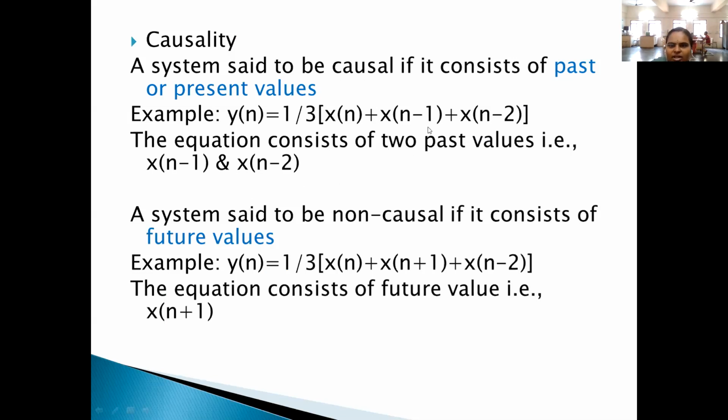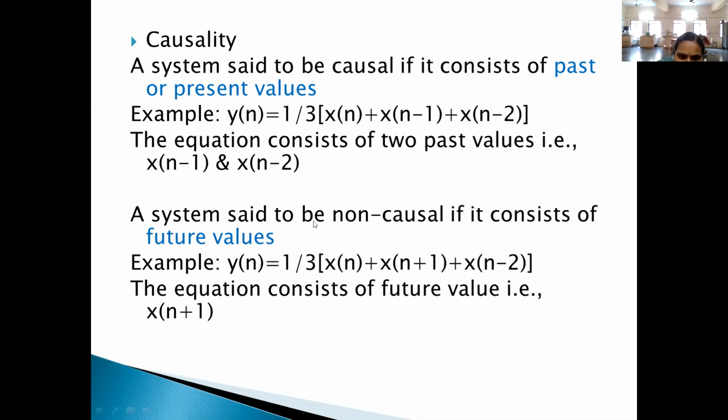A system is said to be non-causal if it consists of future values. What do you mean by future values? The example is y of n is equal to 1 by 3 times x of n plus x of n plus 1 plus x of n minus 2. Observe here, n plus 1. Why does it have a future value? Because it is the next value, the n plus 1 value.